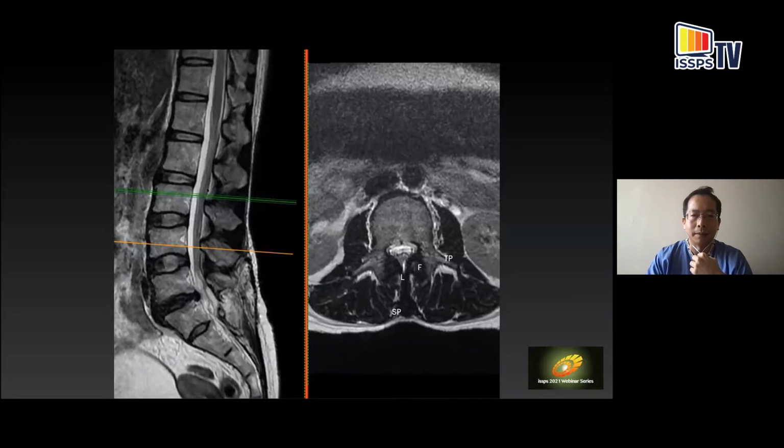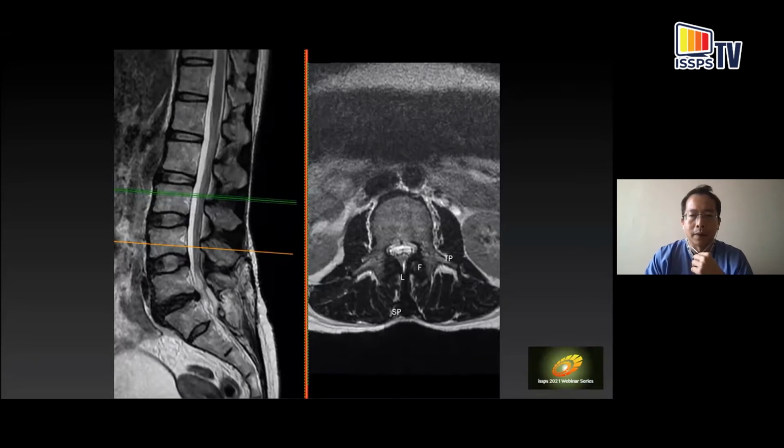Now, what do we see on the axial scan correspondingly? Here is the tip of the spinous process. Remember that sometimes the MRI axials don't completely register accurately with the sagittals. For some reason, there's always a little bit of a shift. So you have to build a mental model internally.